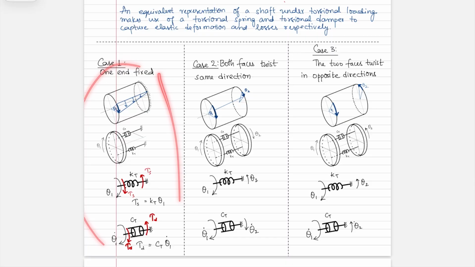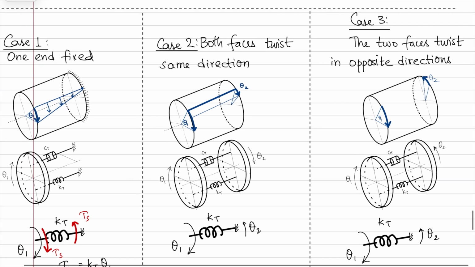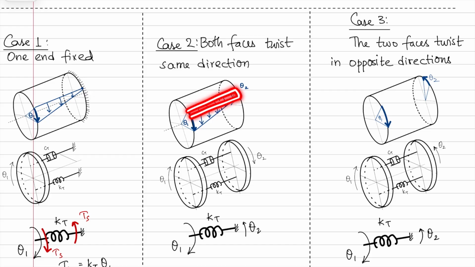So this here is the first case. Now let's look at the second case. In this case, we have both phases experiencing twists in the same direction. Let's look at one axial line here. So this end is experiencing θ1, this one is experiencing θ2. Effectively, along the line connecting the net result of that deflection, you would have this kind of deflection along the shaft, but you can now think of it as this region here is simply the rotation of the entire shaft, right?